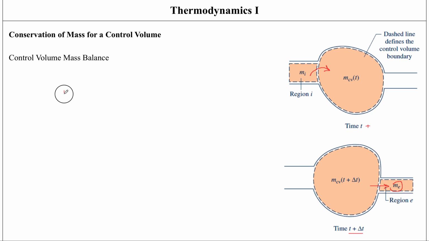On one hand, we have mass within the control volume plus mass at region I. This is mass contained within the control volume at time t, plus mass in region I. This should be equal to the mass of the control volume at time t plus delta t plus the mass that has exited the control volume, right?